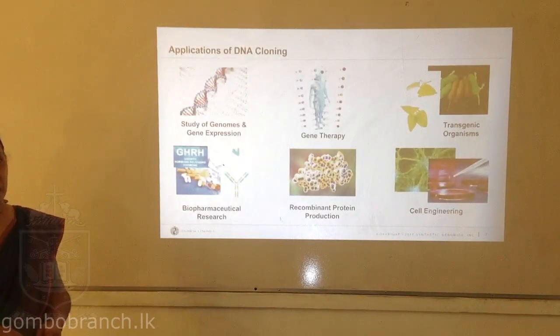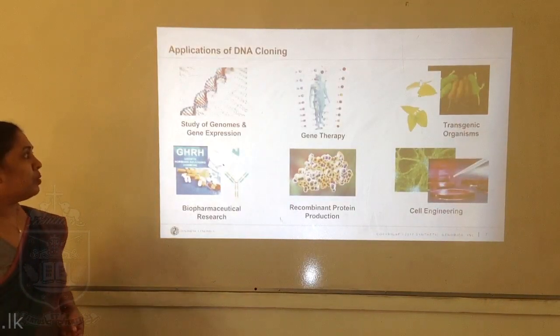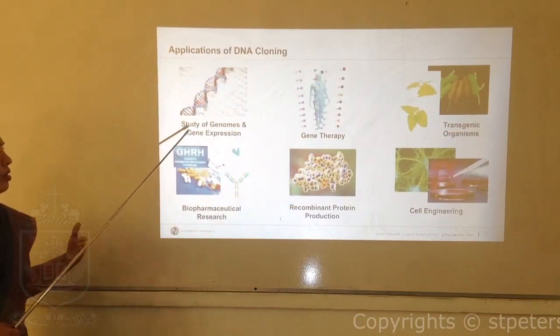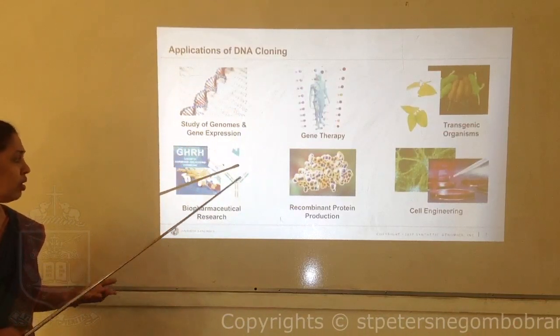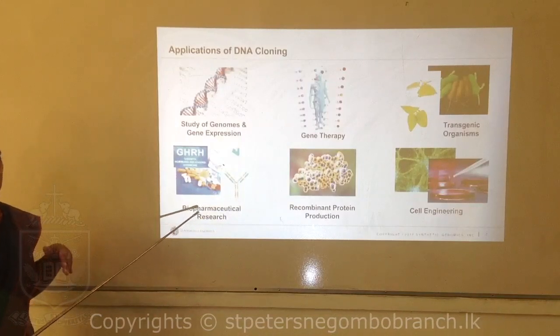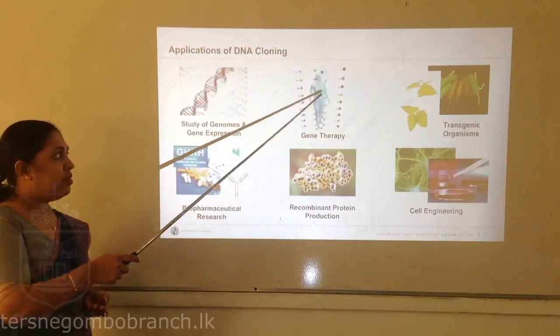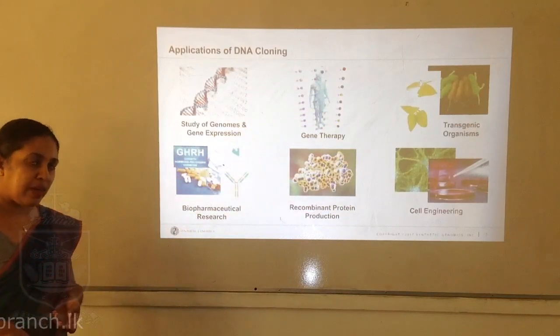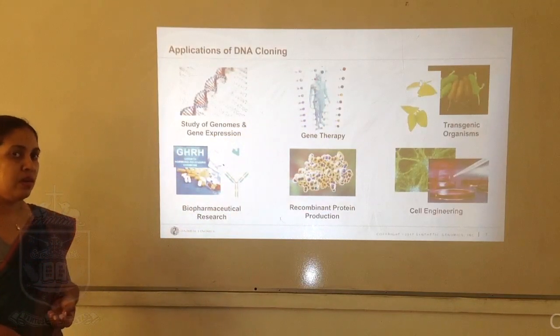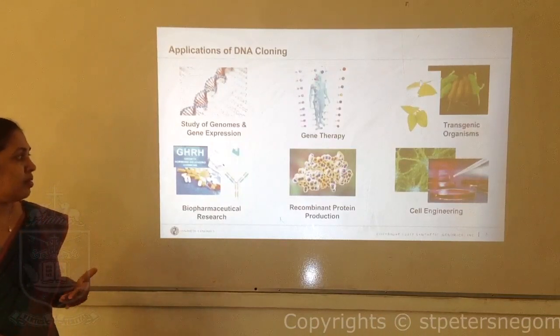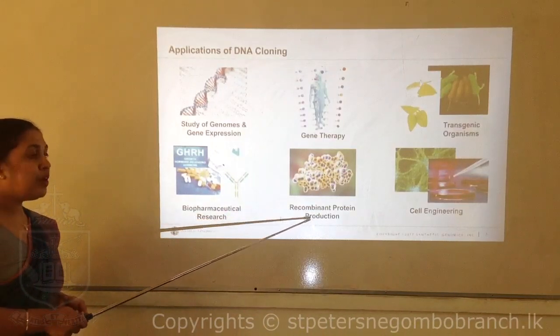There are many applications of DNA cloning. So it is mainly the study of genetics, genomics and gene expression, and also pharmaceutical research or medicine. And also in medicine there's another area known as gene therapy, which is used as a cure for some genetic diseases, and also recombinant protein production.